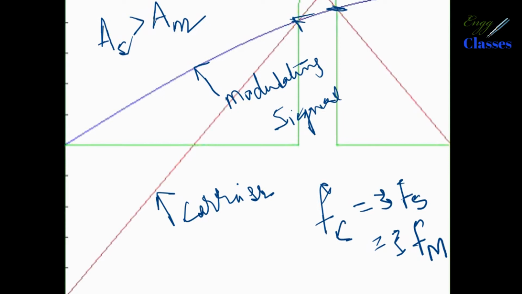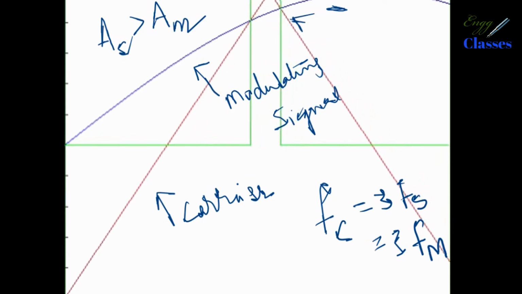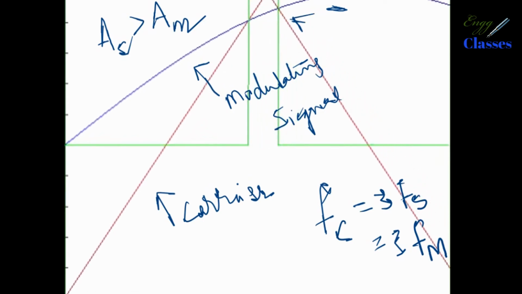If we run this simulation and start observing the video, the amplitude of the carrier signal is changing, as well as the modulating signal. But we are not reaching the instant where these two values are equal.